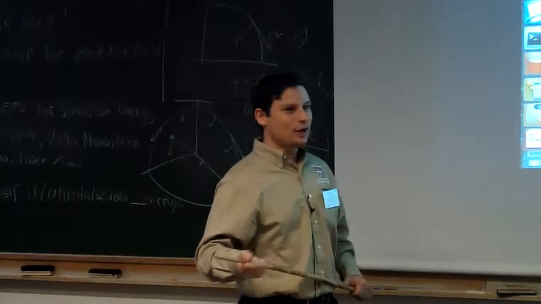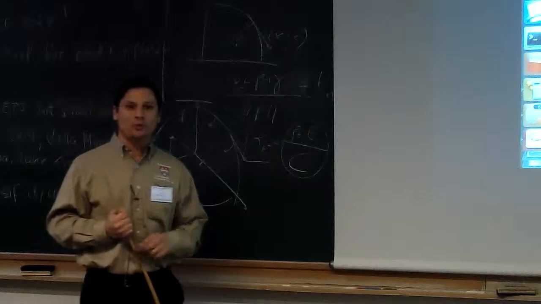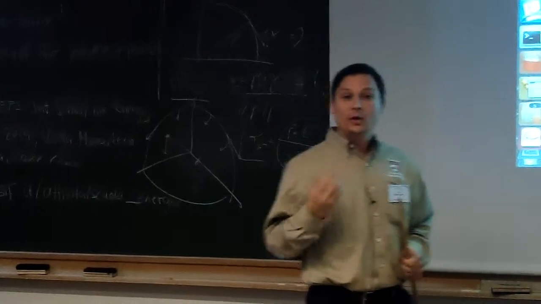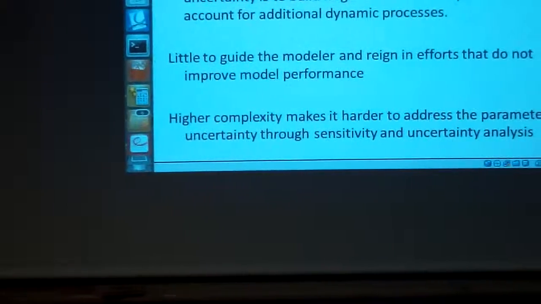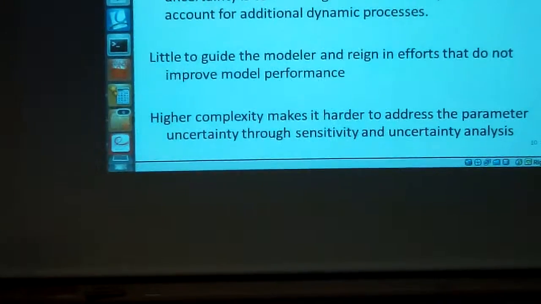So what I argue is that because the models can't be validated, whether or not modelers really realize that or have thought about it formally, there's nothing to guide modelers or rein in efforts that don't improve model performance. So I could just make the models more and more complicated.